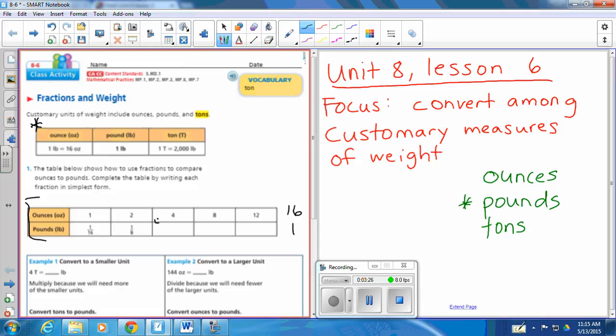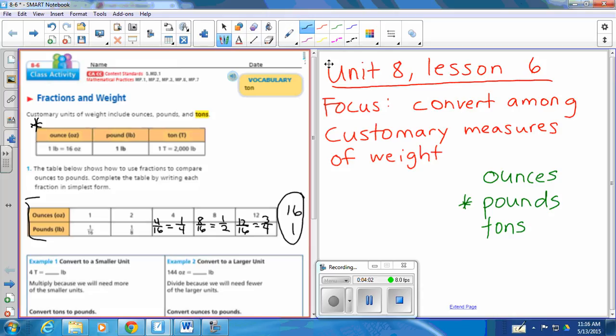We would have 4 ounces out of a total of 16 because we know that 1 pound equals 16 ounces, and that would simplify to 1/4. 8 ounces out of the 16 that make up a pound would simplify to 1/2. 12 ounces out of the 16 that make up a pound would simplify to what? 3/4? Did I hear? Okay.